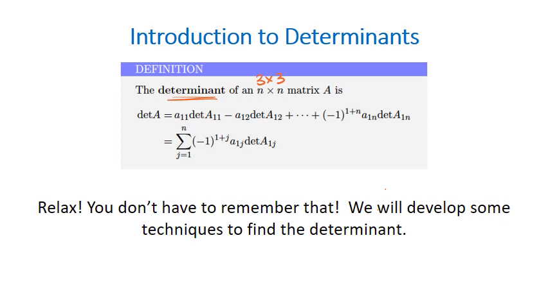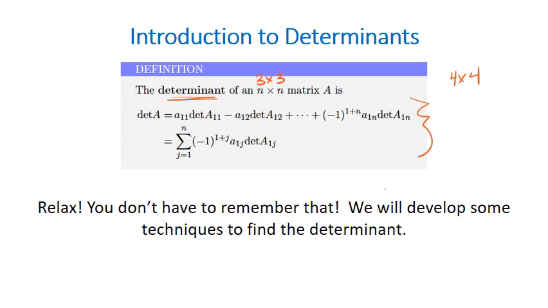If n is 4, so if I have a 4x4 matrix, well, then the determinant is defined by using determinants of 3x3 submatrices. And that's all this definition is saying, and it's a pretty wordy, complicated definition, but you don't have to remember it. We'll just develop some techniques that will help you along the way.